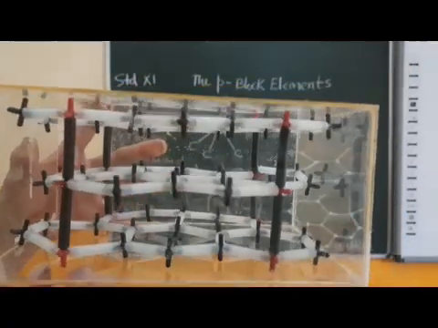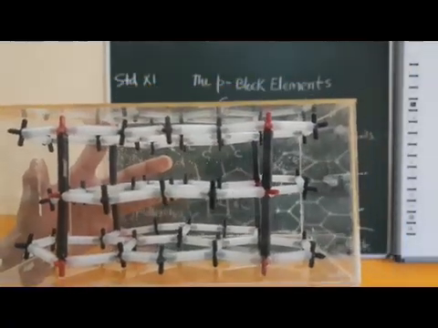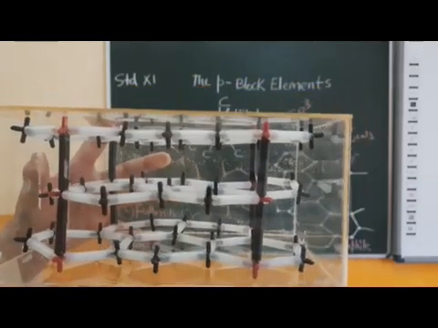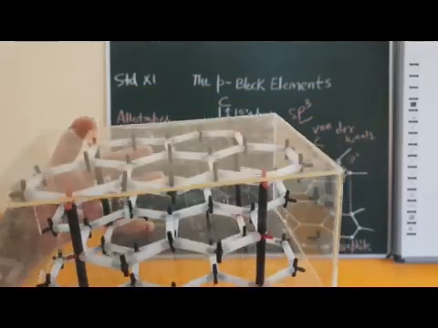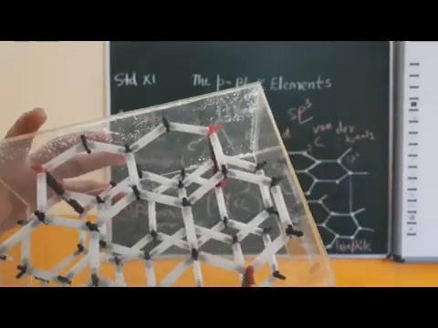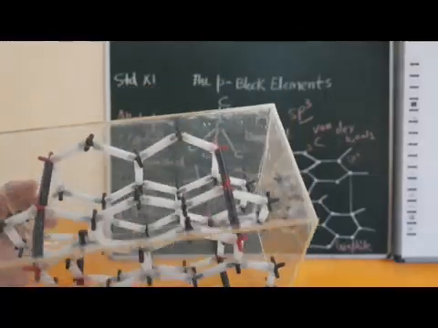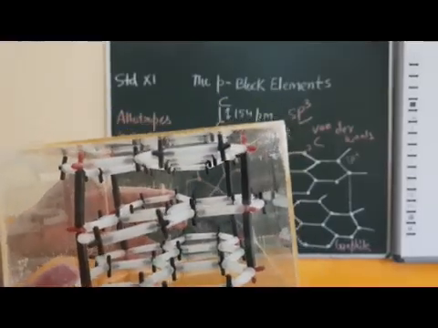Okay children, I am showing you the arrangement of hexagonal rings in 2D manner, the arrangement of different layers, like this. This is a loosely packed arrangement of carbon atoms.